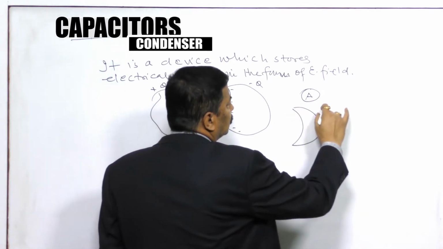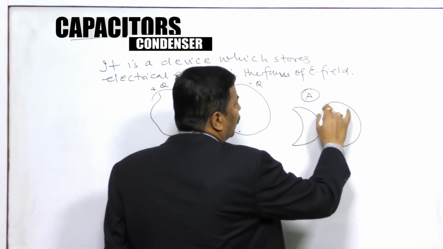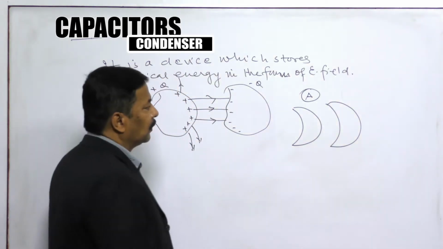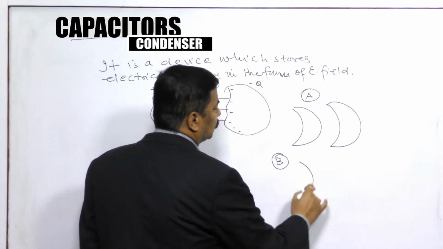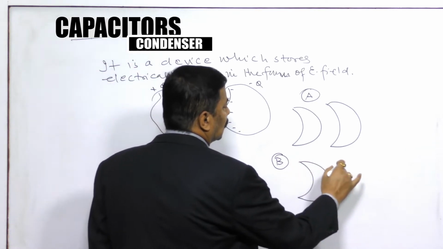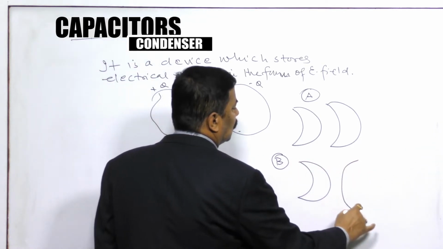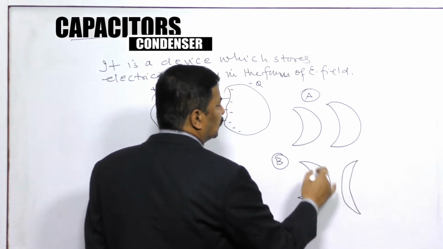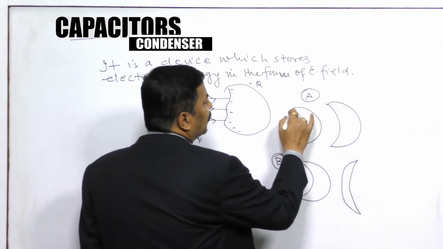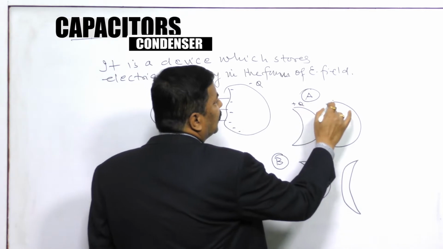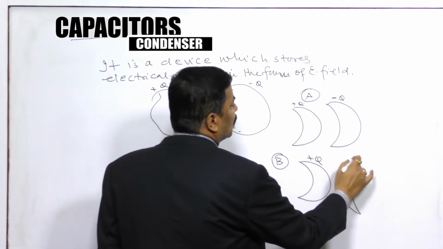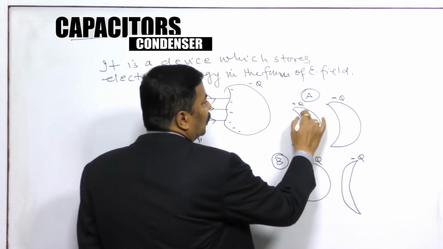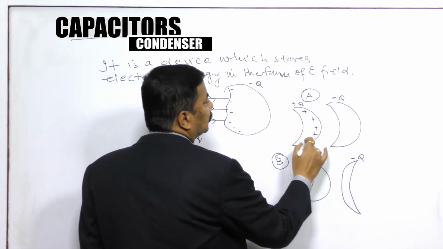Suppose there is one arrangement of conductors and another arrangement of conductors is in this way. The same conductor is there. It is given charge plus Q, it is given charge minus Q. So it will reside in this way.